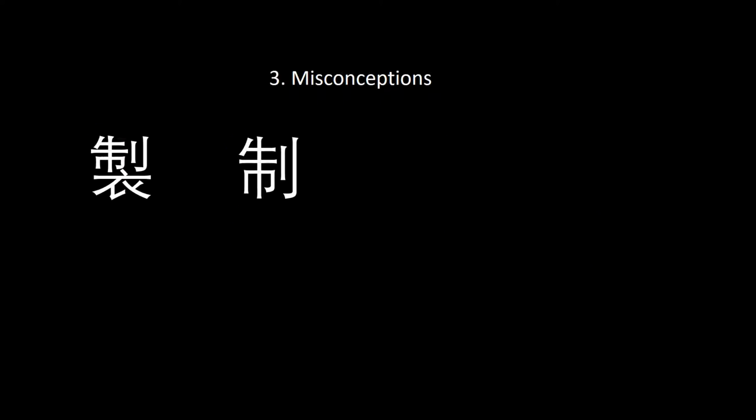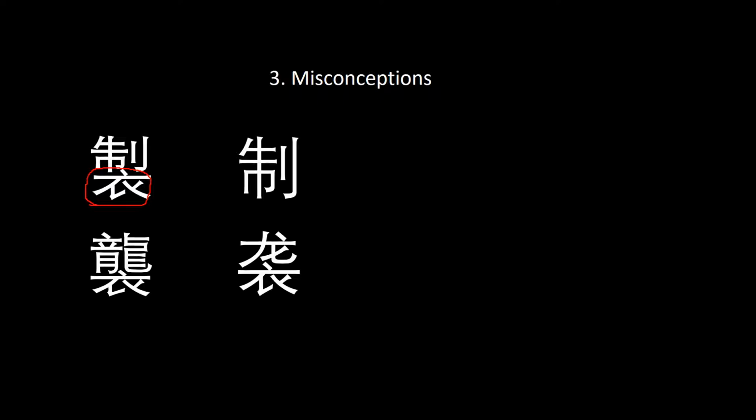Now let's take a look at this word. This is called 制, which means to manufacture something. To simplify this word, you remove this clothes component, and you're only left with the top part. So this is how it is being simplified.